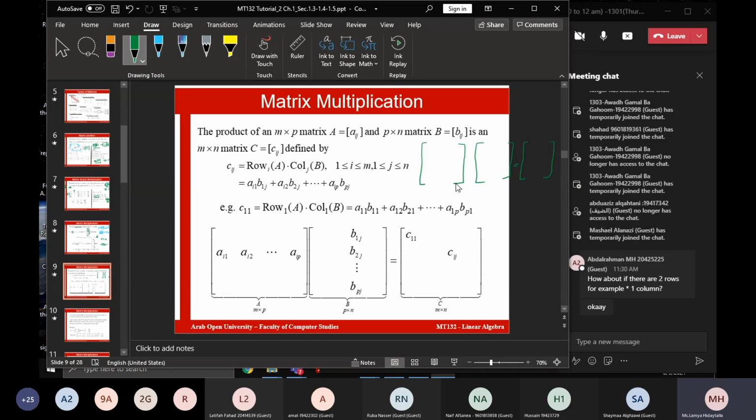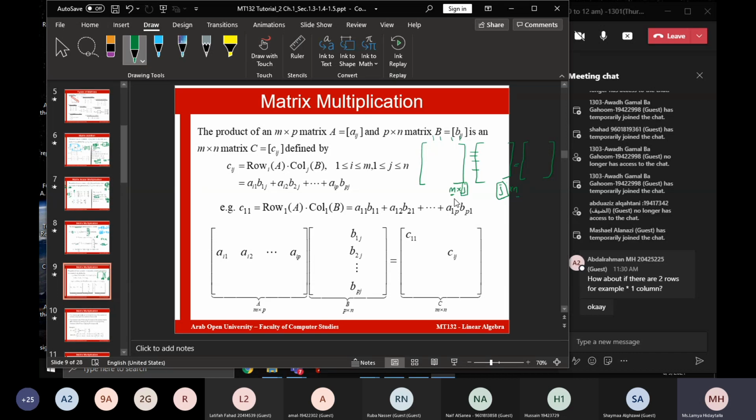First, before I start, I have to make sure: if I have here M rows and J columns, meaning the number of columns here is J, then the other matrix should have J rows. So the rows here should be J, times N columns. It's not a problem if M and N are different.